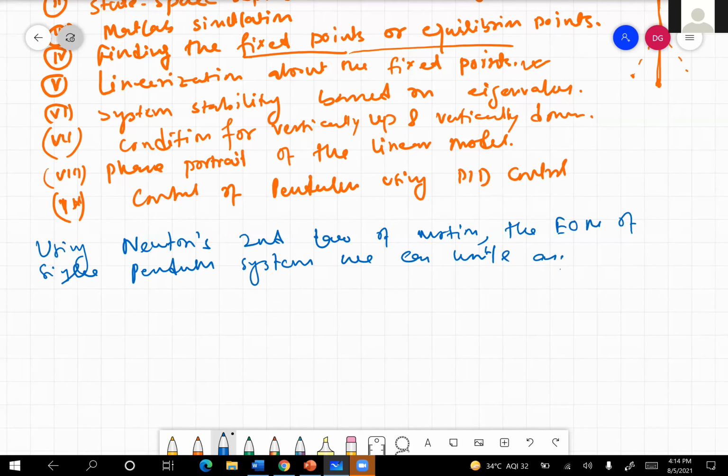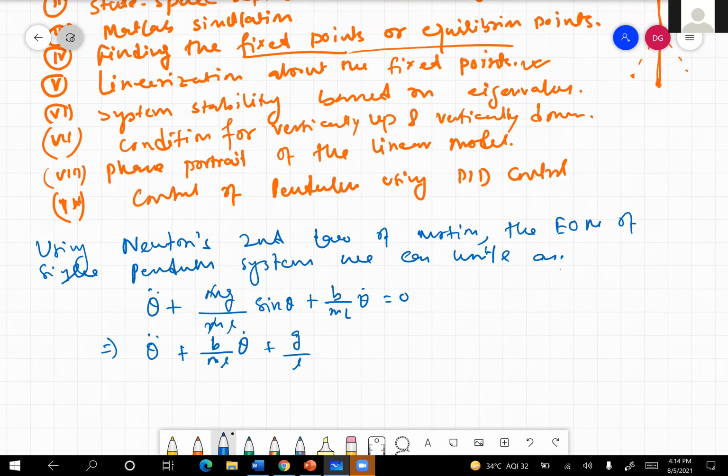as theta double dot plus d by ml theta dot plus g by l sin theta equal to 0. Here basically I can cancel this part. So write theta double dot, let me write the first derivative on this side, d by ml theta dot, plus g by l sin theta equal to 0.